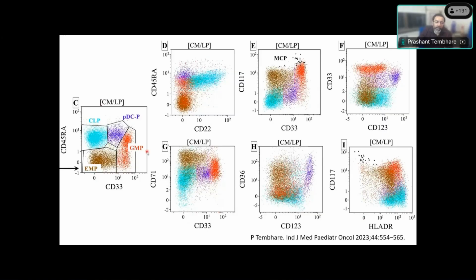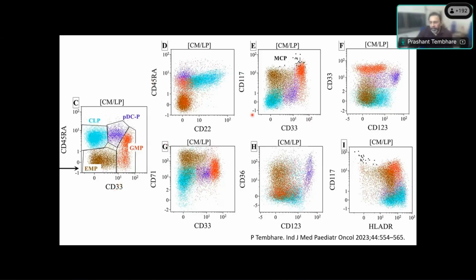Remember, these are all CD34 positive cells. If you look at the cyan blue population here, you clearly see these are CD45RA positive, CD33 negative, and CD22 positive. CD22 is the B cell marker, which confirms these are B cell precursors, B cell progenitors.